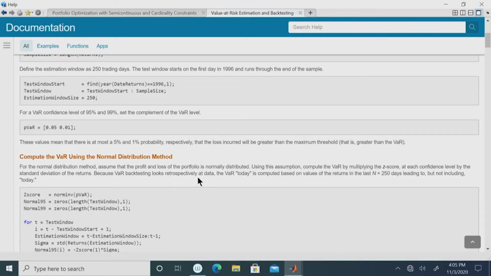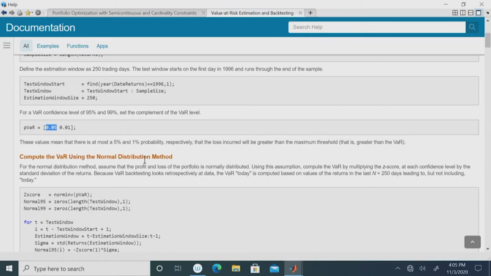Once you have the z score, you do not really need to worry, because you can keep using the same z score depending on whether you want a 95% confidence level or a 99% confidence level. This z score is nothing but a number which gives you the inverse of the cumulative normal distribution at 0.05.